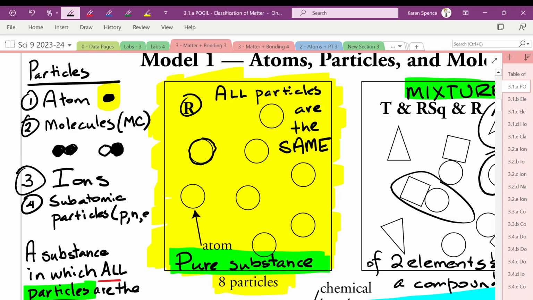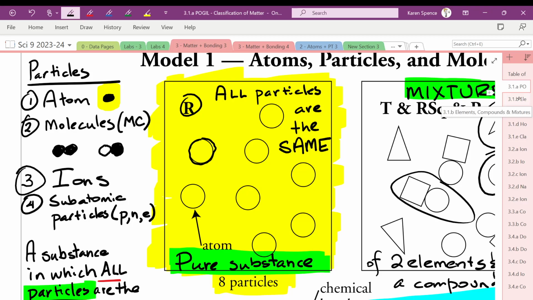Protons, neutrons, and electrons. So we actually know a fair number of particles. Last unit, we were mostly focused on the protons, neutrons, electrons. This unit will still have some focus on electrons, but mostly we'll be looking at atoms, molecules, and ions. We'll mostly be looking at the electrons in how the ions form and why they form and so on.